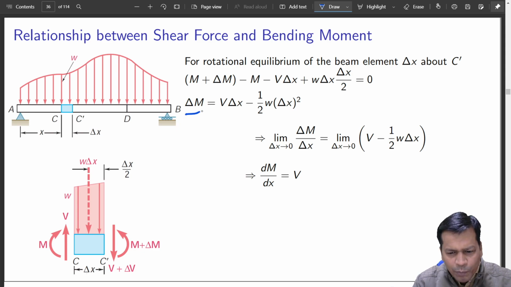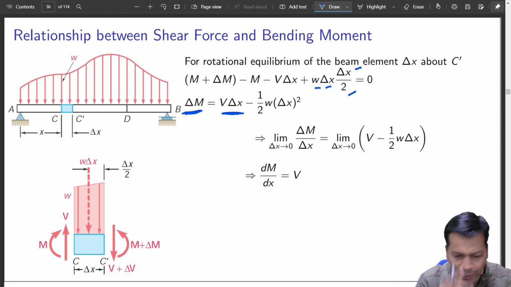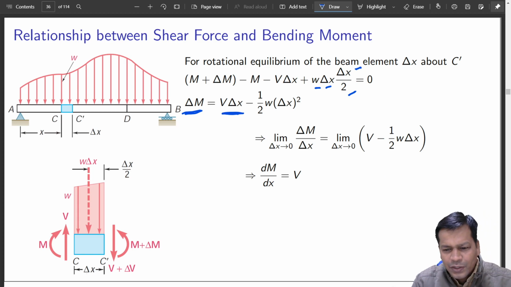So change in moment is due to vertical force, that is the restraining force, and due to the loading. How much is that? W delta x whole square by 2. Okay, and that is along the negative direction. Okay, because you see it is trying to make it convex, so it is negative.